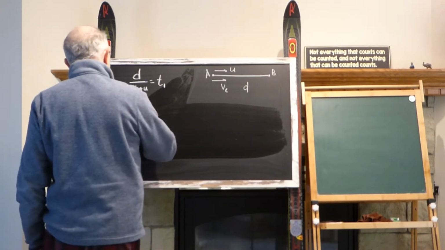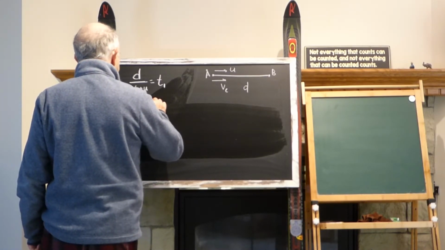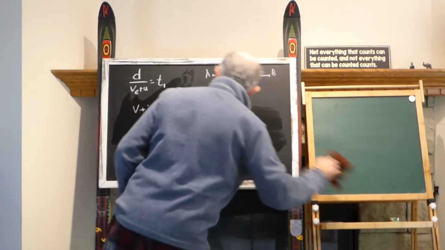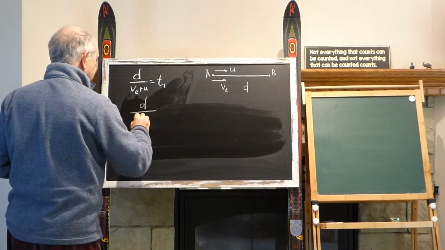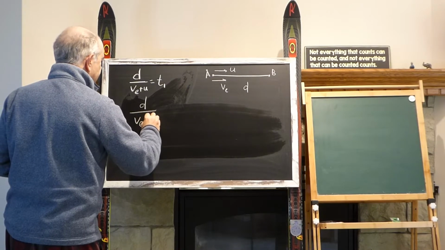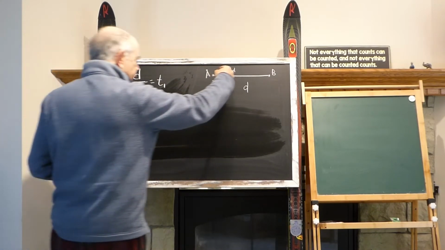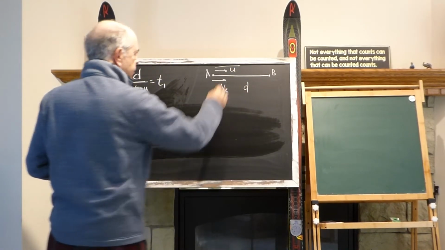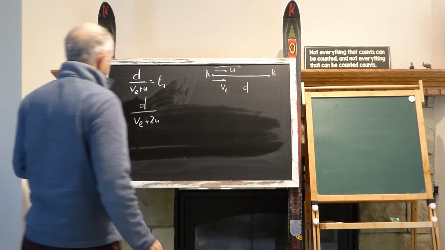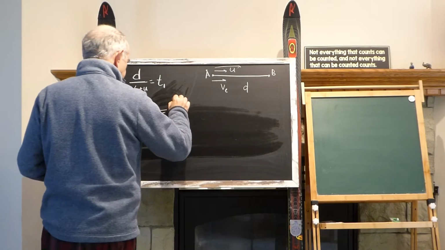When we go with the double speed, we have D divided by V escalator plus 2U, because the second time we go with the double speed. Our speed is doubled, right? And this is T2.